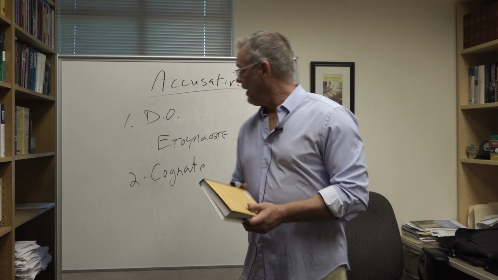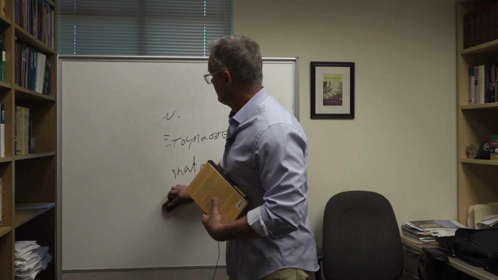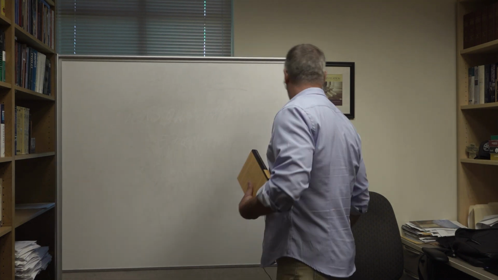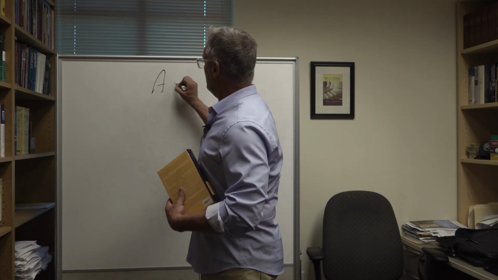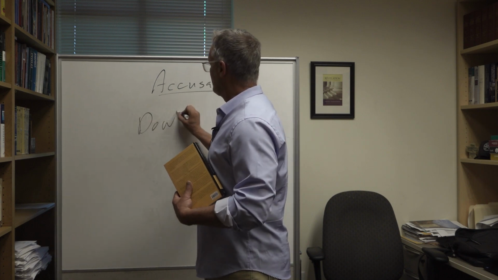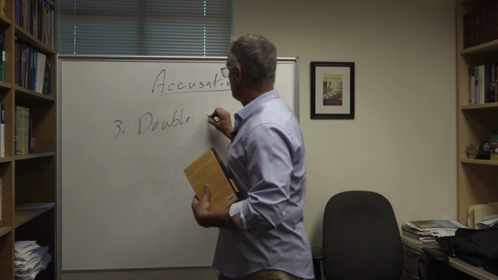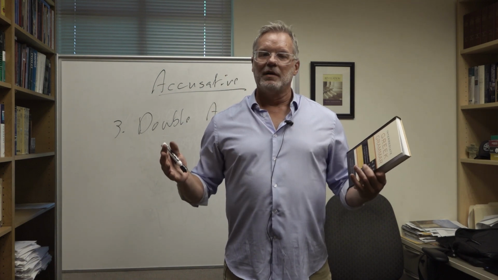Another function of the accusative case is what is known as the double accusative. Now what this means is some verbs tend to, they don't have to, but they tend to take two direct objects to complete them, two nouns in the accusative case.